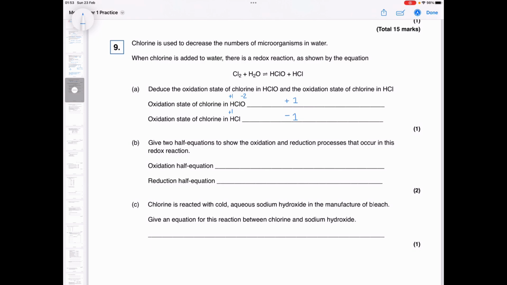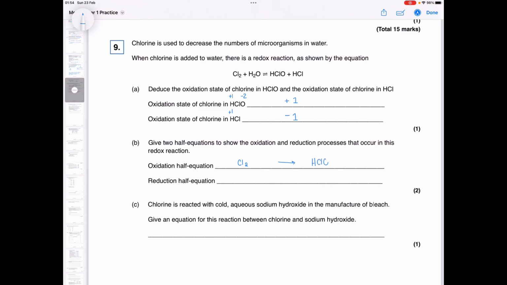Give 2 half equations to show the oxidation and reduction processes that occur in this redox reaction. Okay, so both times it's going to be chlorine that is both oxidised and reduced. So to piece this together, we're going to show chlorine, and this time it's going to go to HClO.